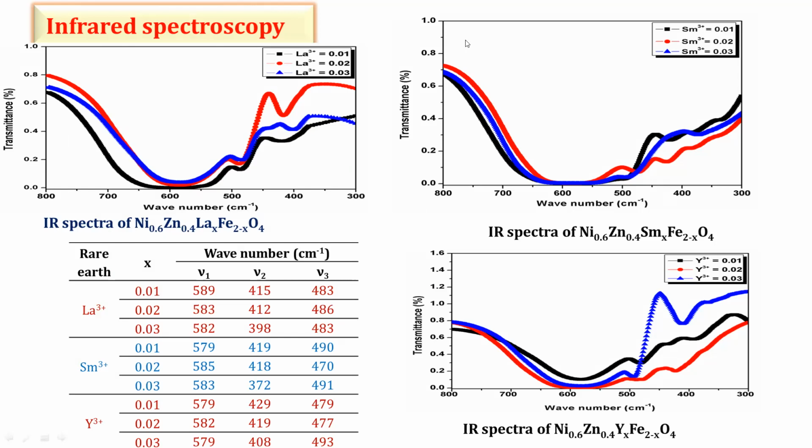Also, we calculate the values of wave numbers, and these are displayed in the table. It indicates that, due to substitution of lanthanum, samarium and yttrium, the wave number corresponding to the tetrahedral site shifts to lower frequency, indicating that lanthanum, samarium as well as yttrium occupy the B site of the ferrite.